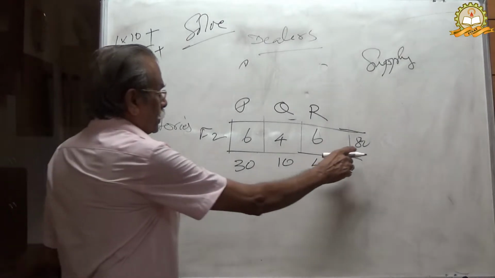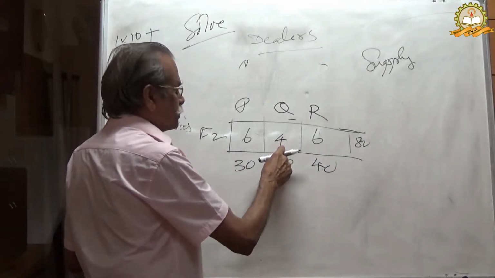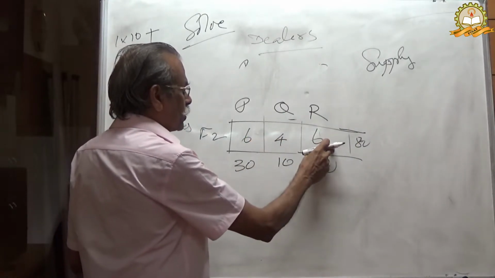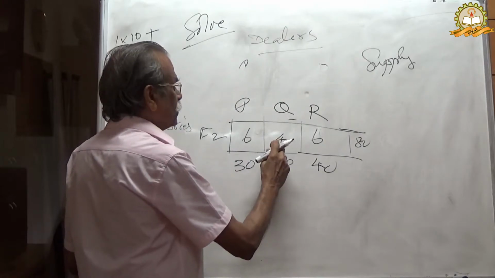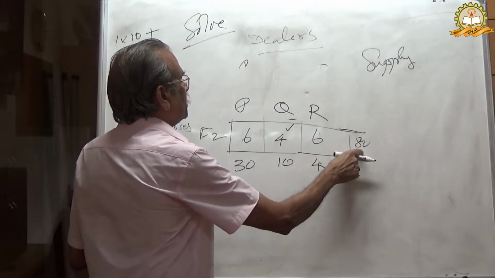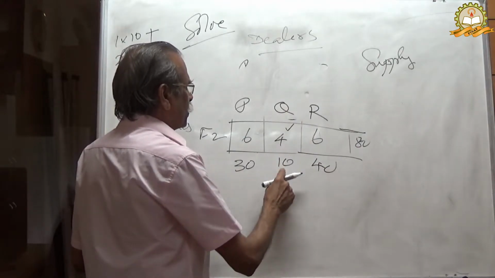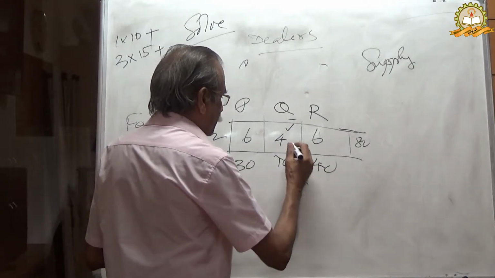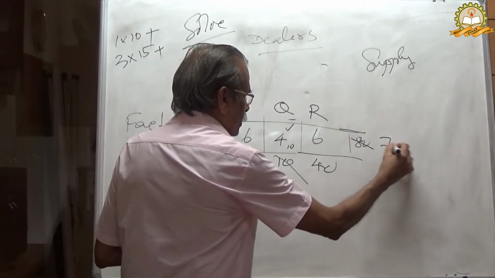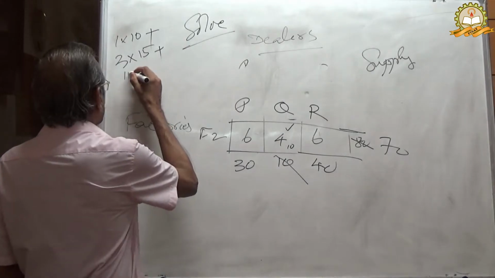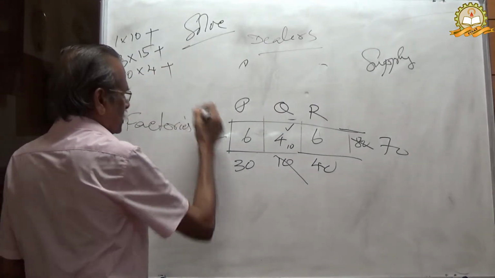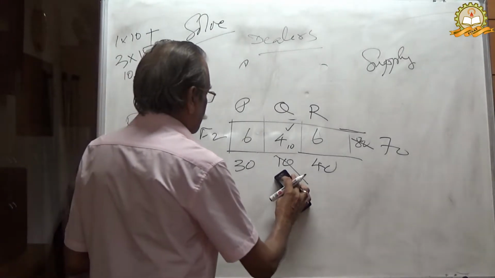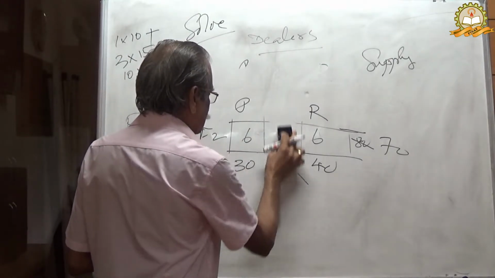Then the lowest cell value is, because you need not find the penalty here since you have only one row, 4. Here the requirement of Q is 10, and you can supply from factory 2 up to 80. Therefore, 10, and here it is 70. Therefore, 10 into 4 plus. Therefore, this column is cancelled.